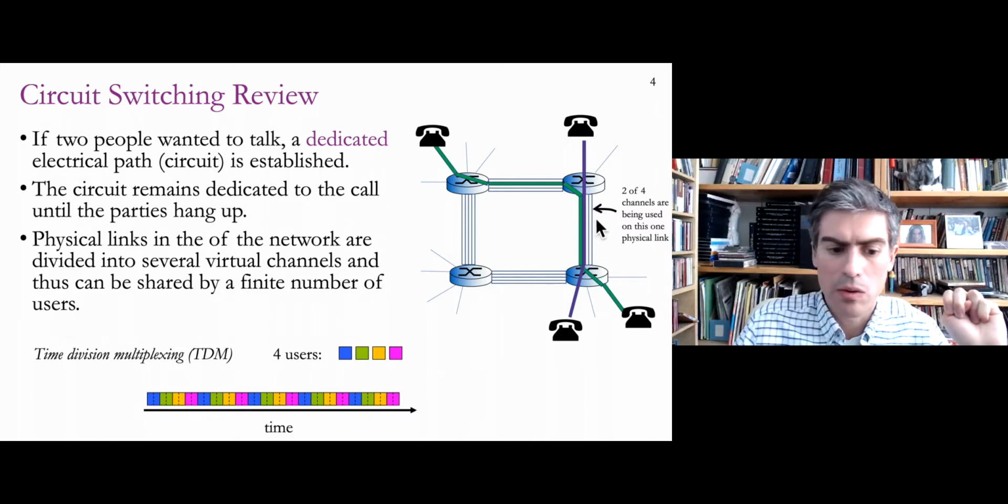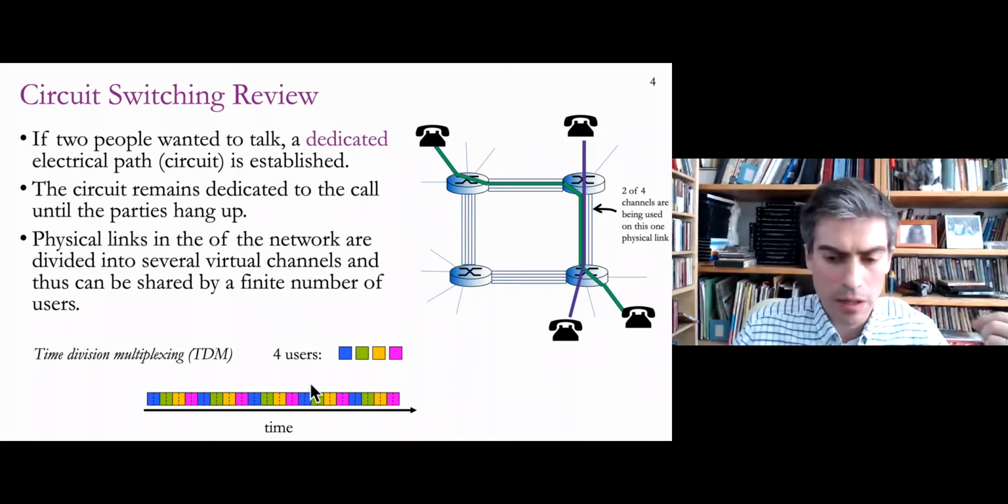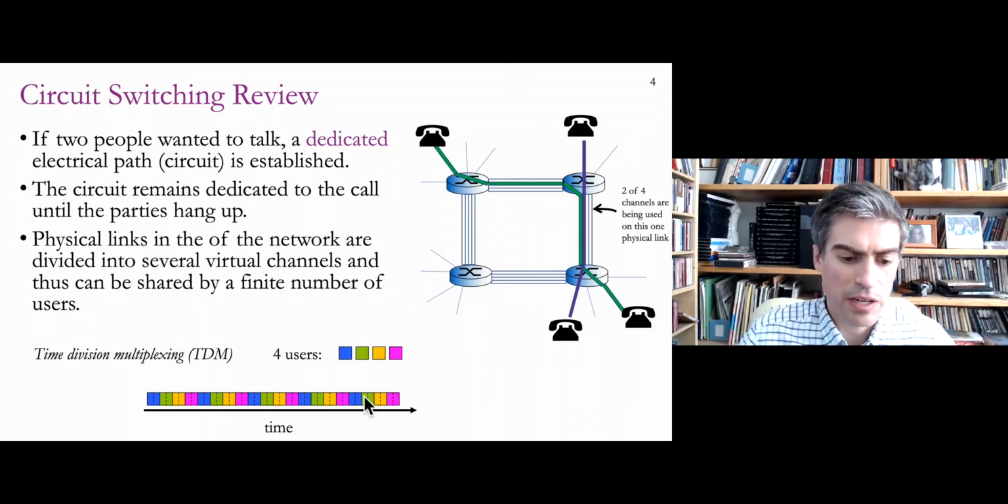The way that works, we'll talk more about at the end of the class, and I mentioned this before in the last lecture, but just to make it a little more clear, by showing 2 calls at the same time: if time division multiplexing is being used, again, we'll define that way later in the class, the link is, even though it's one physical link, depending on what time it is, there's a periodic time slice associated with each of 4 different virtual channels, which I have color coded here.